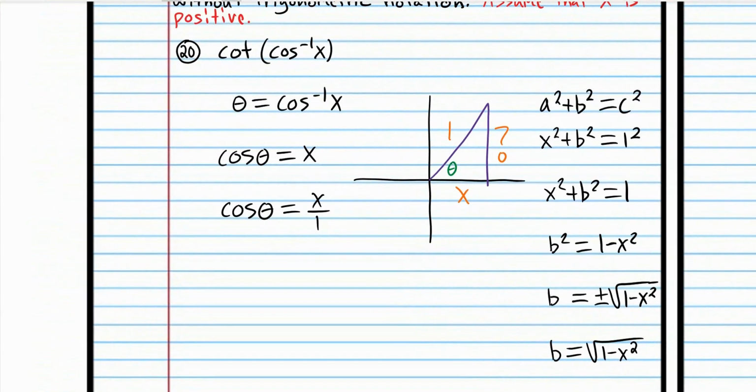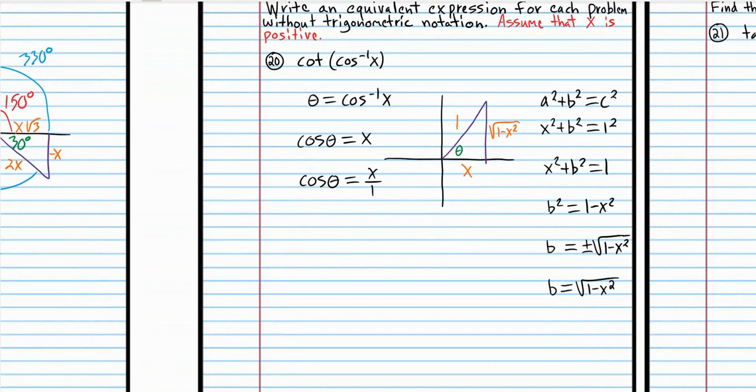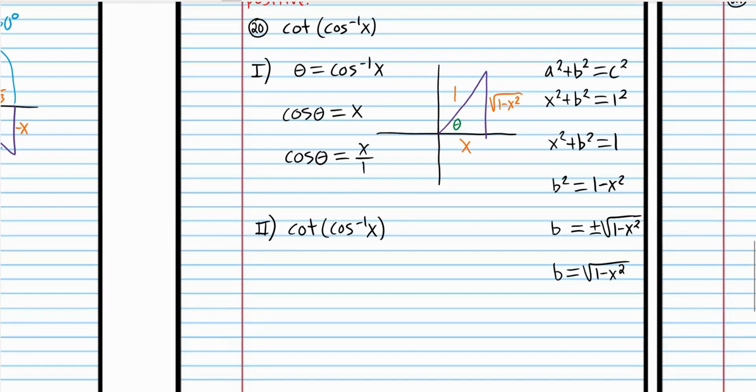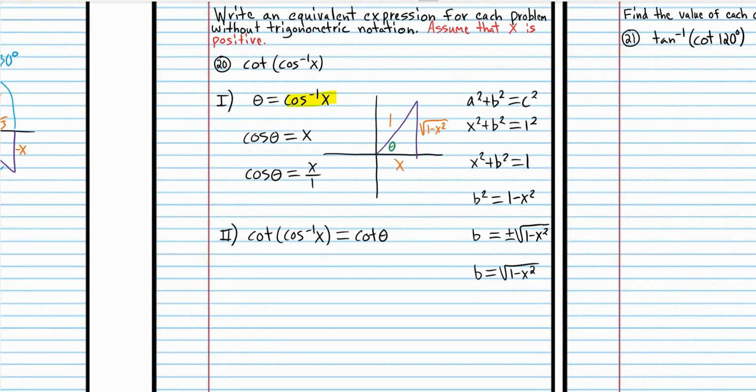So we can write that in the triangle. Positive square root 1 minus x squared. And now, we can say that that's part 1. And part 2 is to find cotangent of cosine inverse of x. But that's the same thing as asking for cotangent theta, because remember, we defined that to be theta.